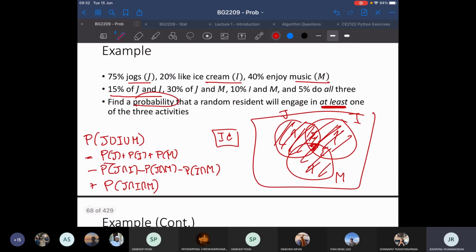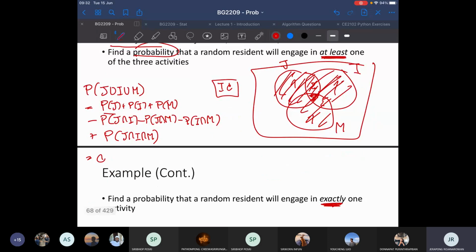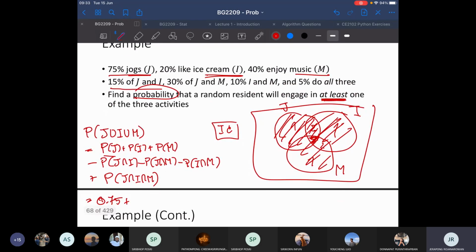P(J), what is it? 75, right? 0.75. P(I), ice cream, 20%, 0.2. Enjoying the music, 40%. Minus P(J intersect I). J intersect I is this guy. So 15% is minus 0.15. J and M is this guy, minus 0.3, right? 30%. And I and M is minus 10%, 0.1.